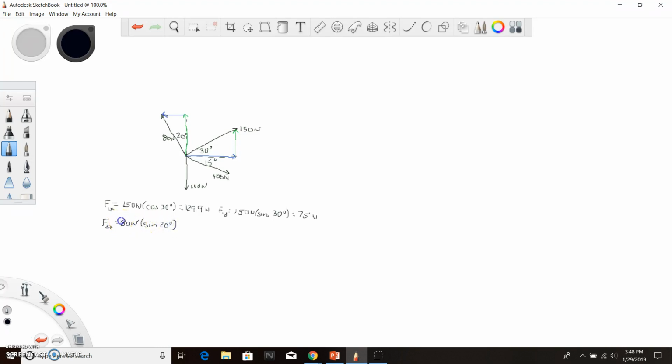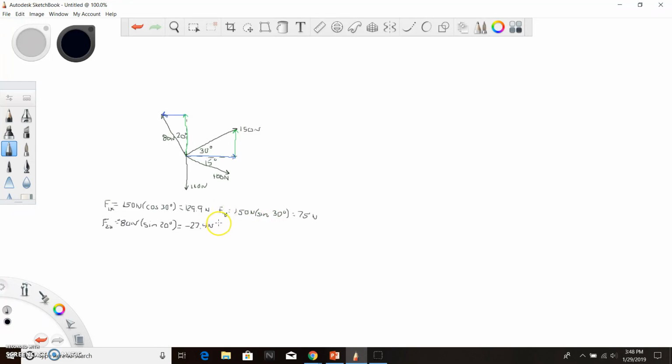And this is a negative, because it's going in the negative x direction. So our answer for F2x is going to be a negative 27.4 newtons.